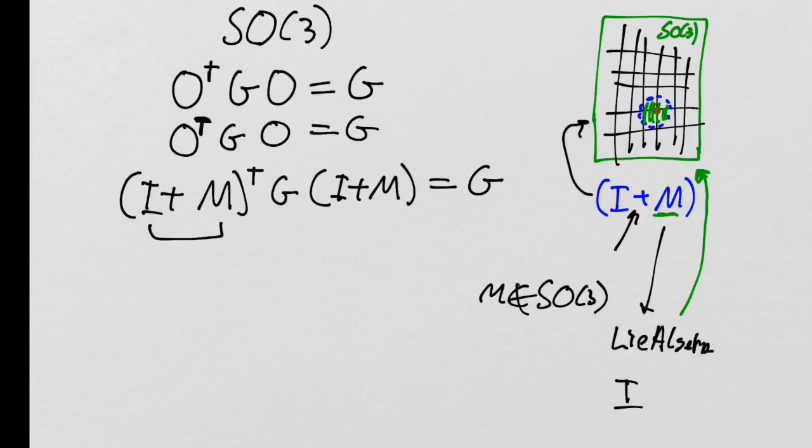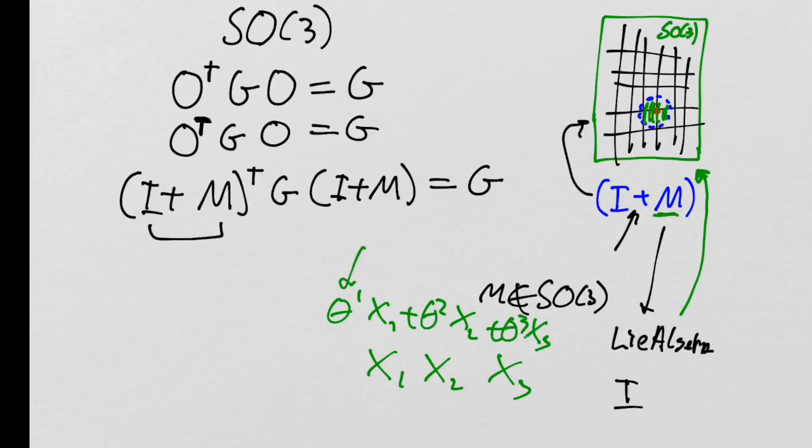And we know the Lie algebra has a basis, x1, x2, and x3, and any element could be theta 1 x1 plus theta 2 x2 plus theta 3 x3. And these numbers can be finite, right? So you would never use those in this expression. You would only use it when these are infinitesimal. And the way Gilmore expresses that is he puts these little deltas in front of it to remind us that we're dealing with an infinitesimal m.